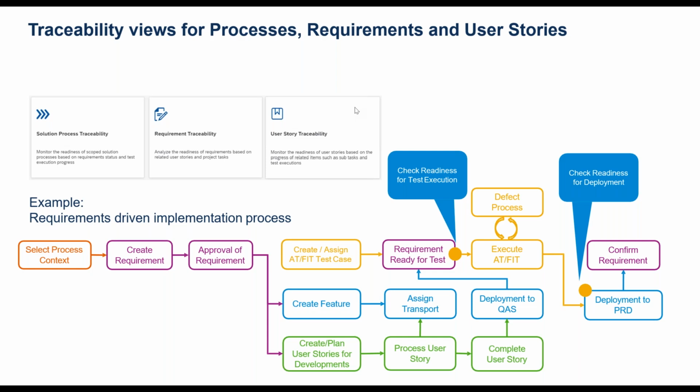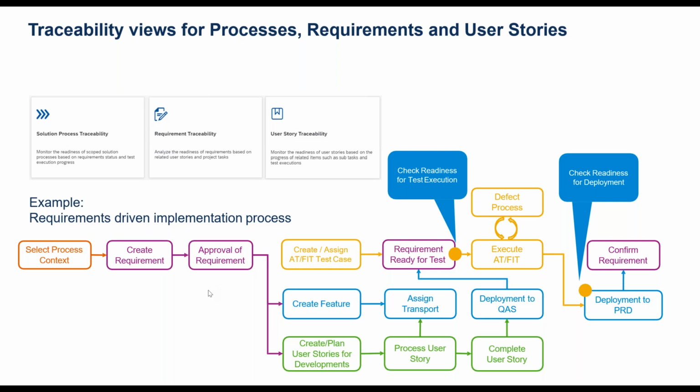Now, one of the most important pieces in here as well, you'll have a full traceability back between processes, requirements, and user stories. So depending on the methodology that you use for the implementation, you can get to a traceability where, for example, we can have certain requirements and certain test cases all the way back to ensure that that process that we initially had in scope, that we created, let's say, requirements for configuration or any type of RICEFs, we should be able to go back to that requirement and ensure that it also has a test case.